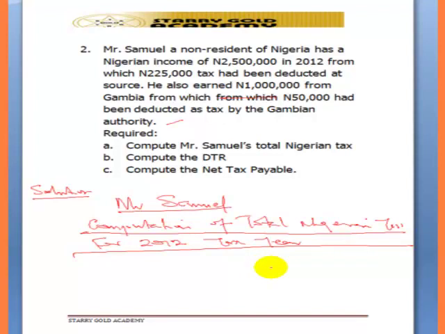Mr. Samuel is a non-resident of Nigeria. A non-resident will only be taxed on the income derived from Nigeria. So, income from Nigeria is 2,500,000, and that is the gross income.